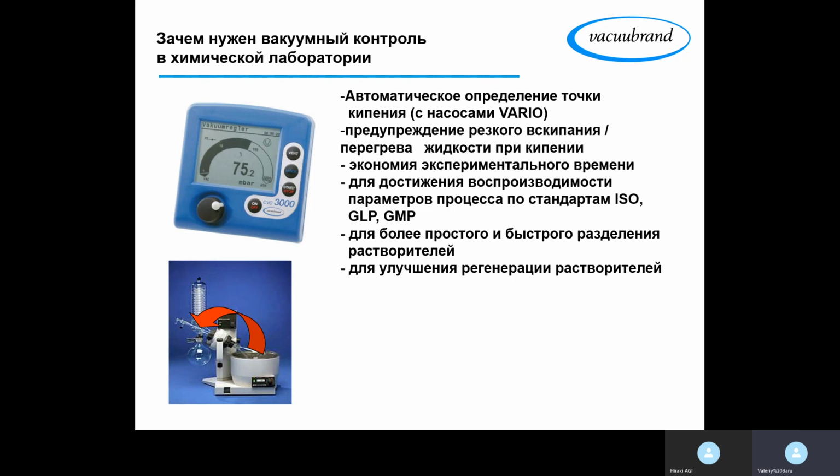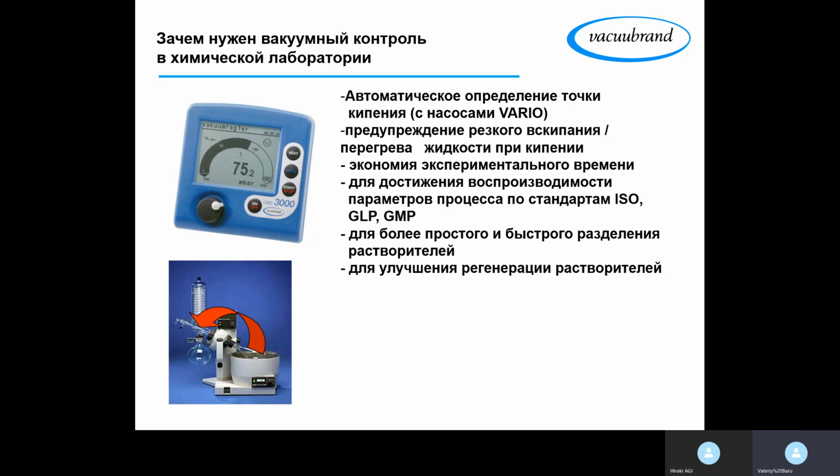Let's imagine we do not know what vacuum we need to reach to get our solvent boiling. And in most cases it is like this, because the table data for solvents are given only for pure solvents. You never have a pure solvent. It makes no sense to distill a pure solvent.